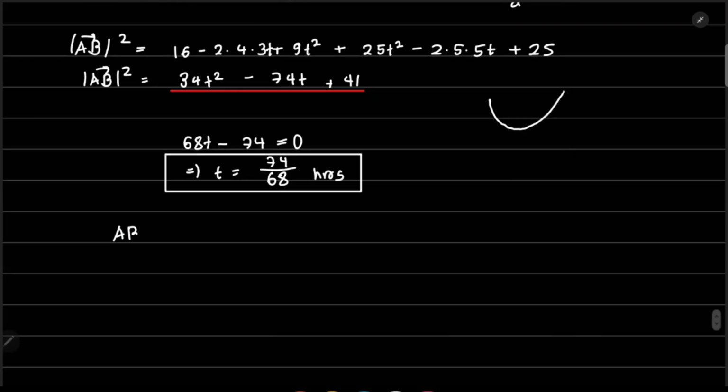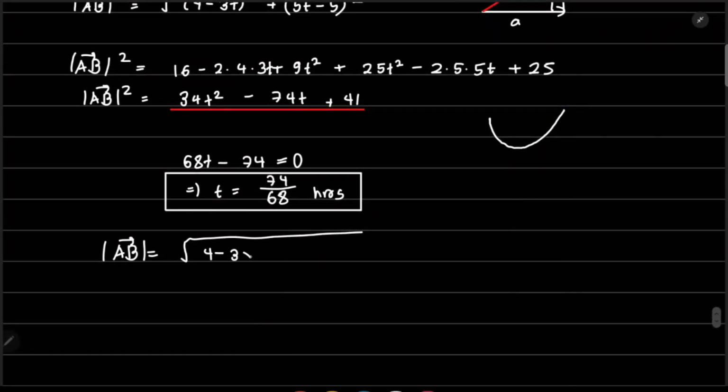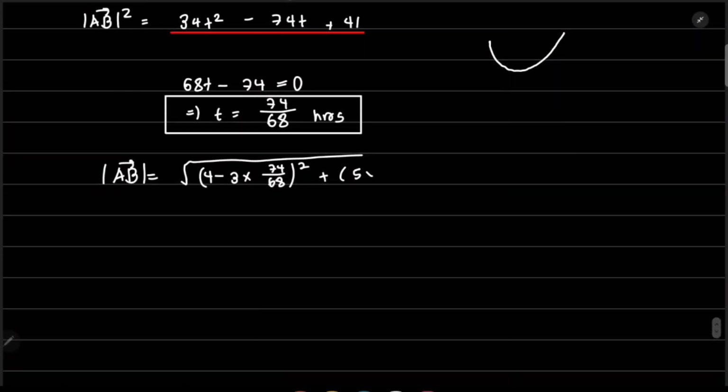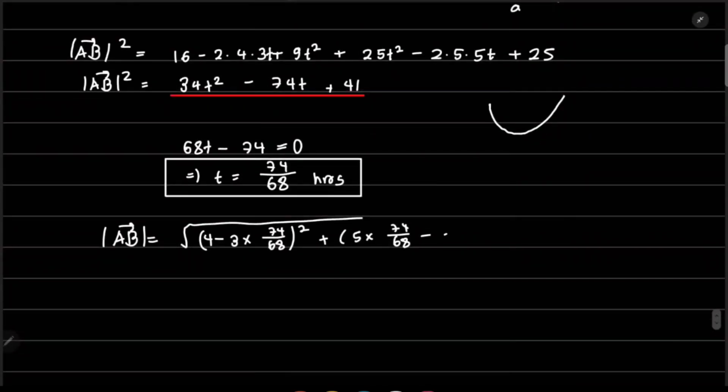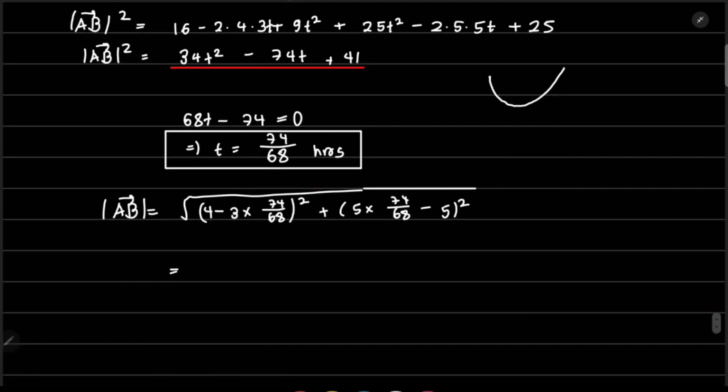I can just put that back into this and get the minimum distance. So 4 minus 3 times 74 by 68, squared, plus 5 times 74 by 68 minus 5, whole squared. If I calculate this, I'll find the minimum displacement will come out to be 5 root 34 by 34 kilometers.